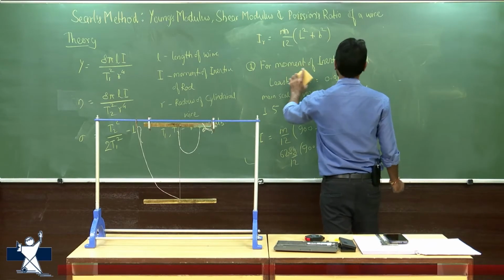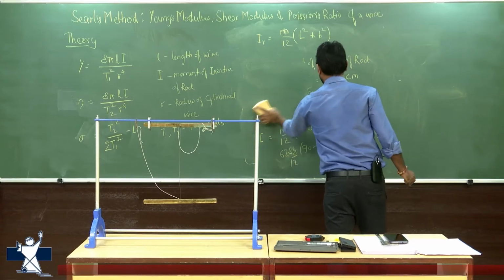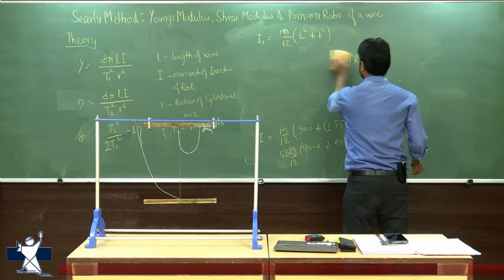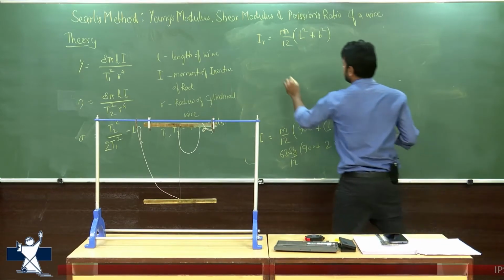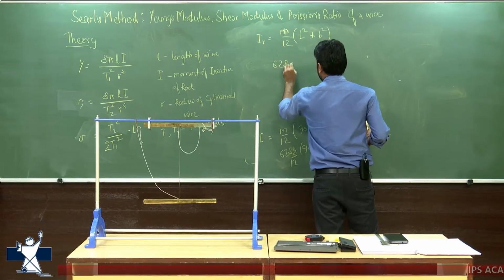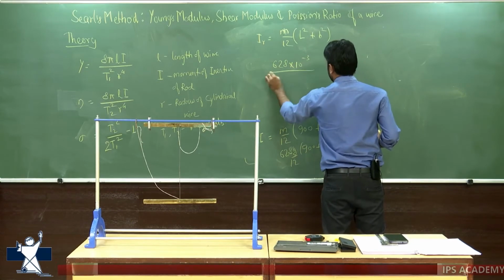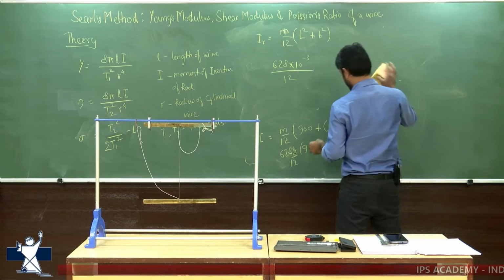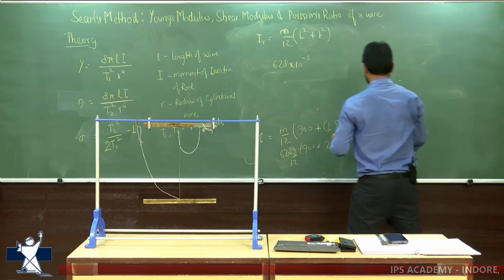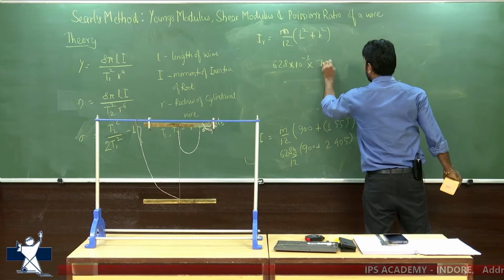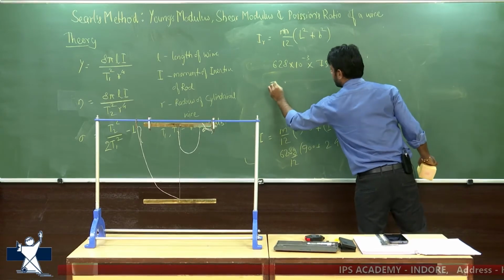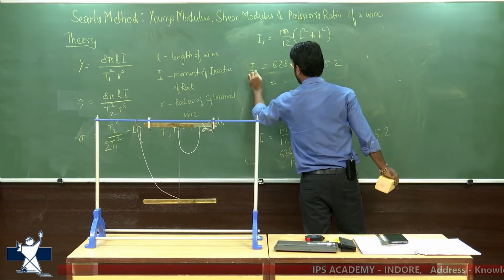here and do the calculations to get 628 into 10 to the power minus 3 divided by 12, or just multiplied by 75.2. So which will be equal to, this is your moment of inertia of the rod.